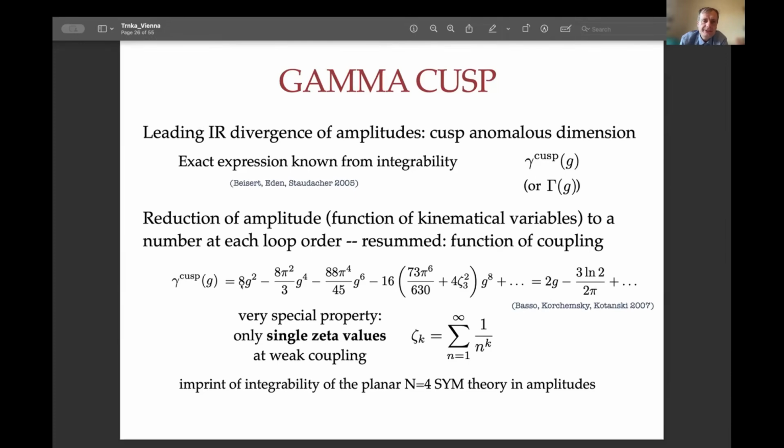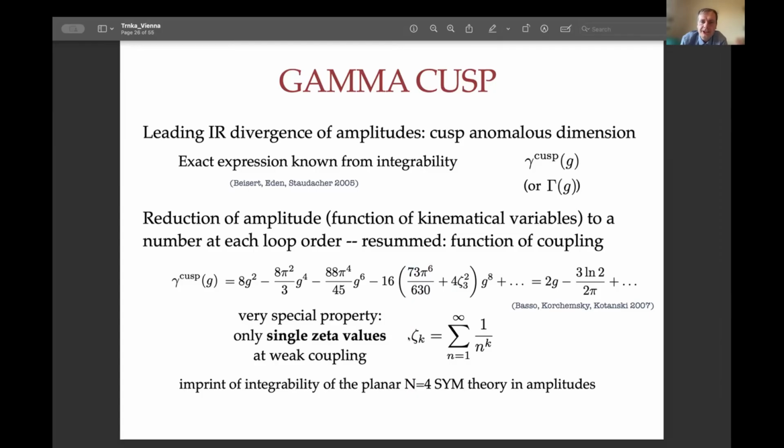At each order, if we expand at small g, we get a number, and this number is a combination of single zeta values. At very low loop order these are just powers of pi, but here we can already see a combination of pi to the 6 and zeta 3 squared, and then it continues.